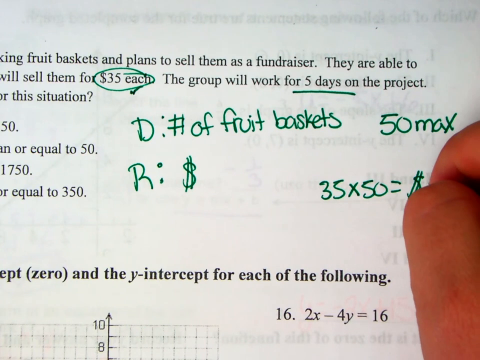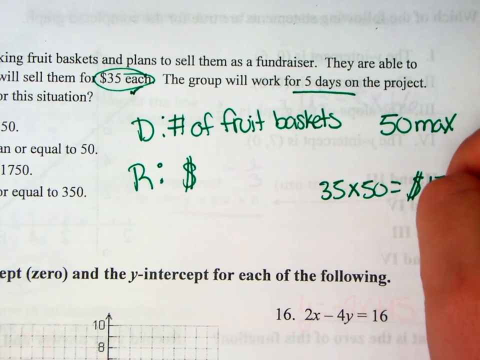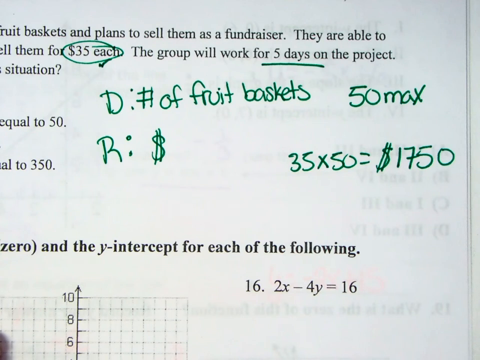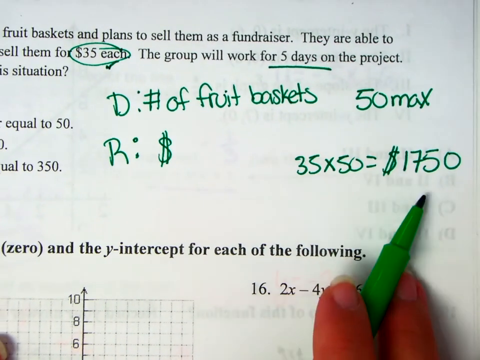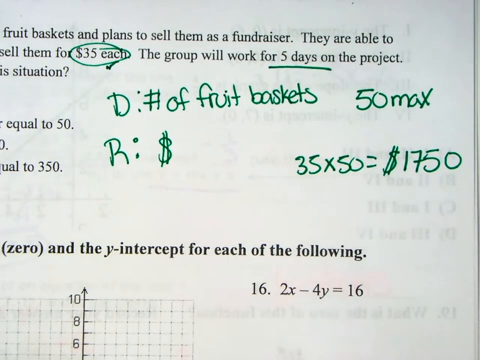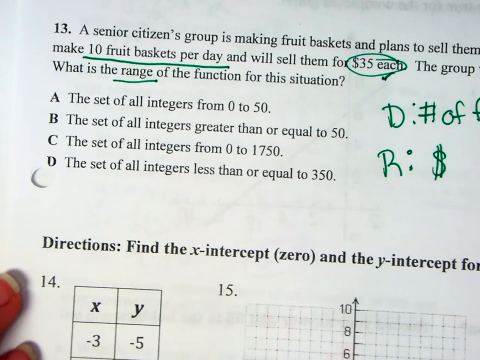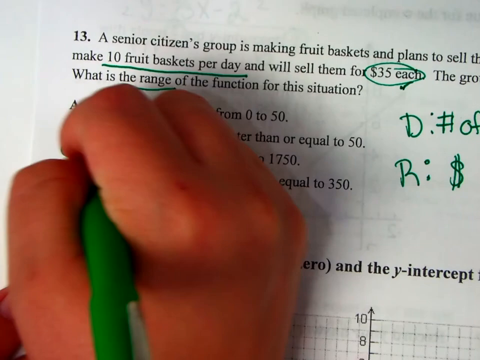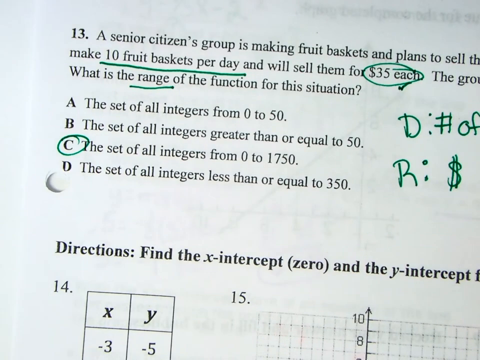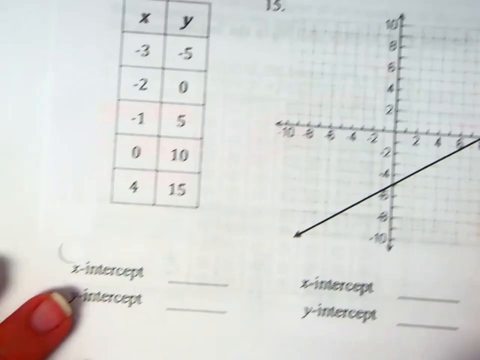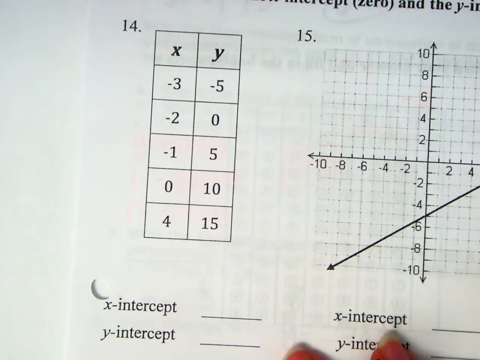I'm just going to tell y'all. It's 1750. 1750 is our biggest number, which is our range. So which one is the correct answer? C. So it's written a little bit different than how we're used to, but as long as you have those numbers there.